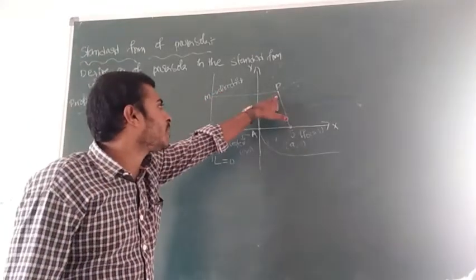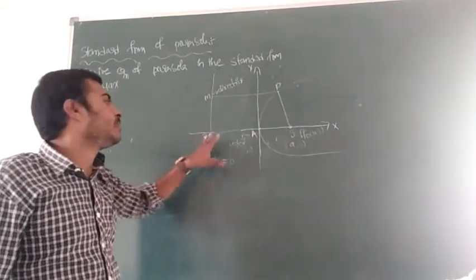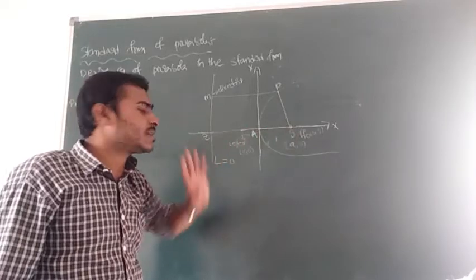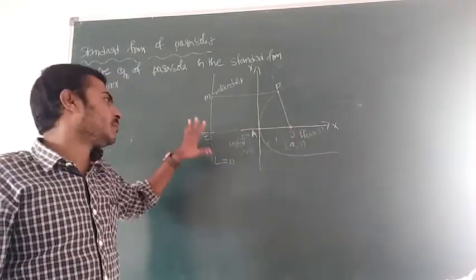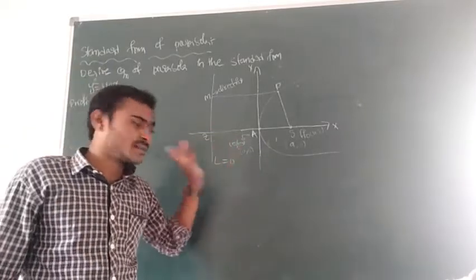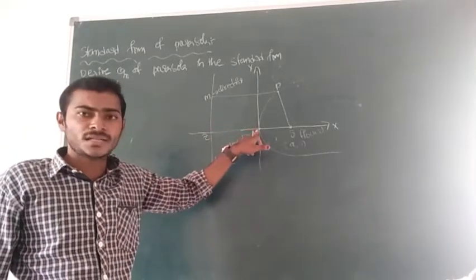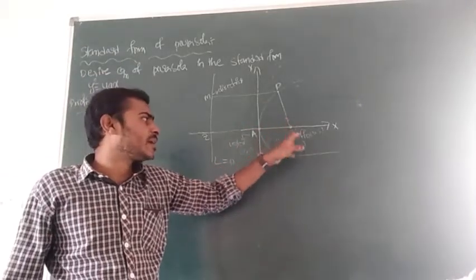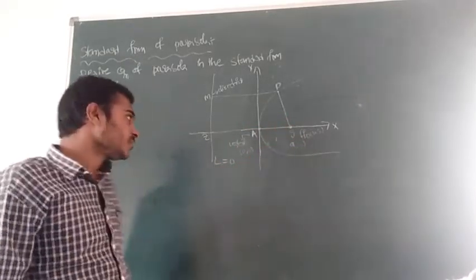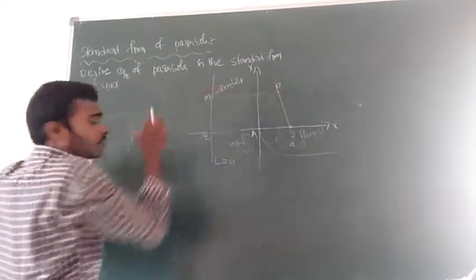Now P's projection is M and S's projection is Z. The midpoint of Z and S is A. A is also called the vertex. The point A is (0, 0) because the intersection of the two axes is called the origin, and the fixed point S is the focus. Now to derive, we have to write down what we have discussed in this diagram.